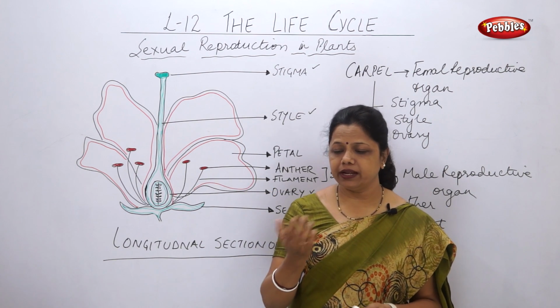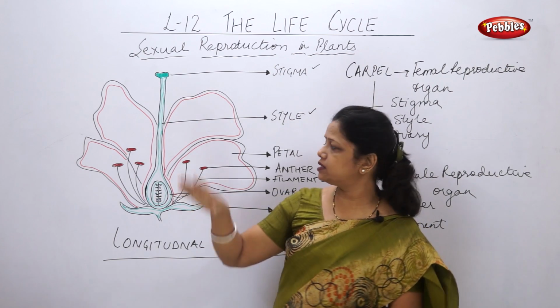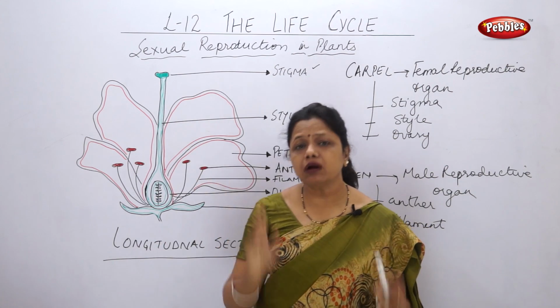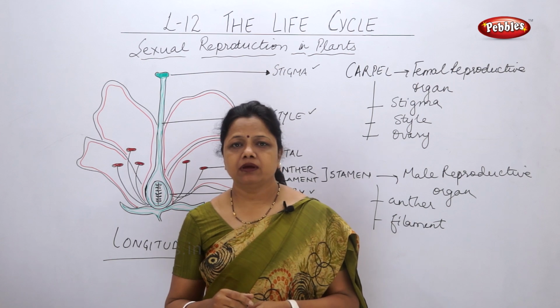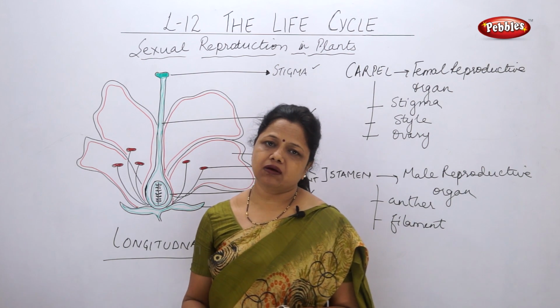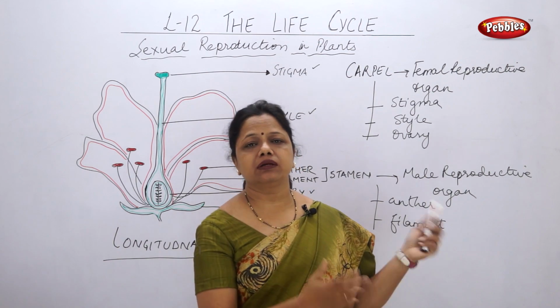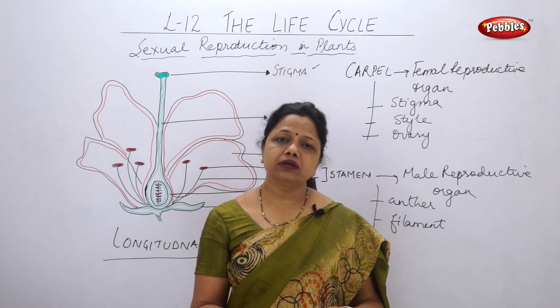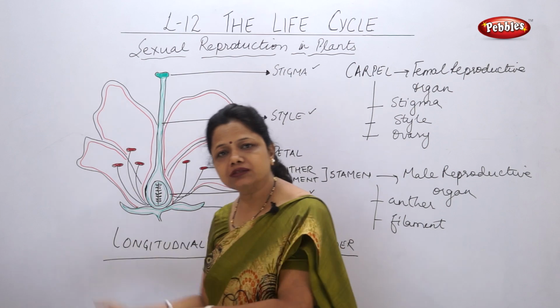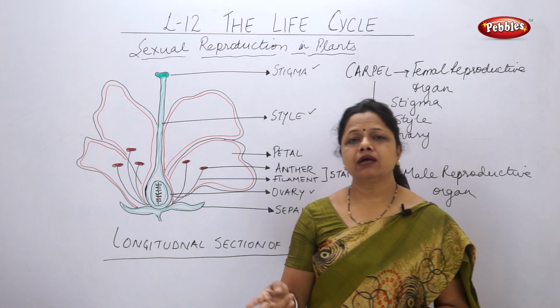What is cross-pollination then? Now the name suggests it is not self, that means it must not be in the same flower or in the same tree. So what happens? There are some factors. If the insects or the water or the air blow away the pollen grains to some other flowers of the same species, then cross-pollination happens.